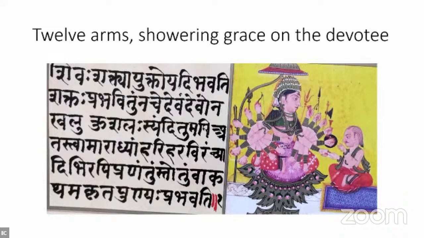This is some Krita Punya devotee, a real devotee who has access to the God, and the goddess is here before him, and she is showing some grace. She is handing over something to him. That is what the painter interprets that way.